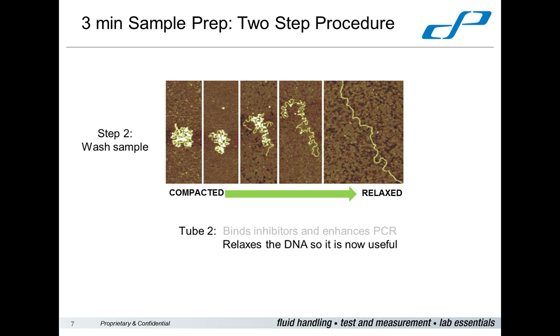This happens very, very quickly within tube 2. It's not like you need any further incubation or anything like that. Simply once you aliquot into tube 2, this is what happens, and I'm just showing you that by visualization. Once you get to this relaxed state, obviously that's then accessible to enzymes, be those degradation enzymes like RNases or DNases, if there were any in there, or if you were doing an RT step as well.